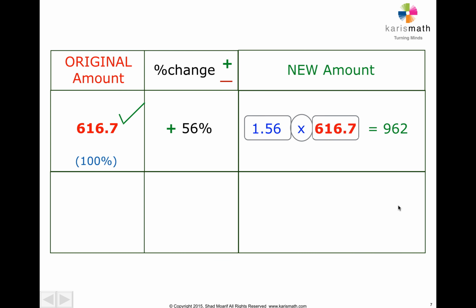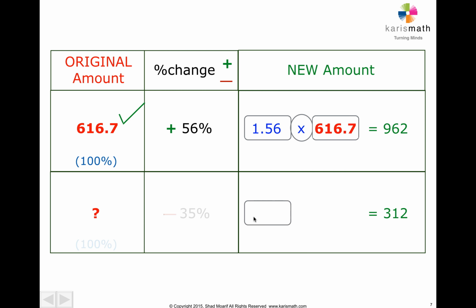Try another one. What about this one here? What's the original amount? We know that's supposed to be 100%. If you decrease it by 35% to get the new amount, which is 312. Take it away, all yours. Right. How do you fill this in?